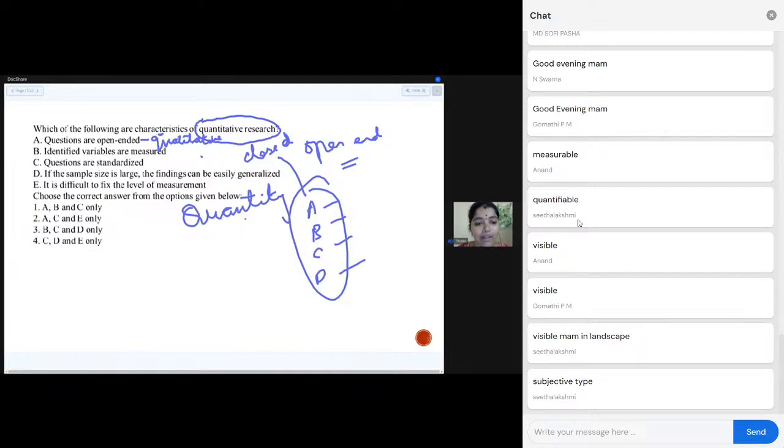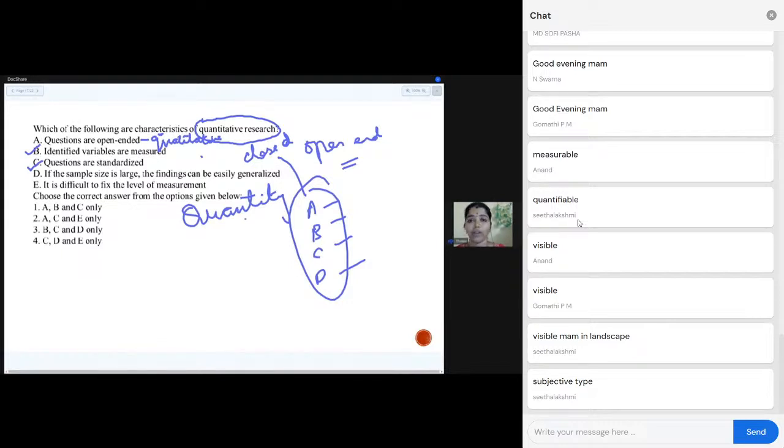Next, identified variables are measured. Yes, very good. As you have said, it is measurable. So this option definitely will be there. The questions are standardized. Yes, in quantitative research we have to go with the scientific method, so that's why it is standardized. Next, if the sample size is large, the findings can be easily generalized. Yes, in quantitative research the size will be large.